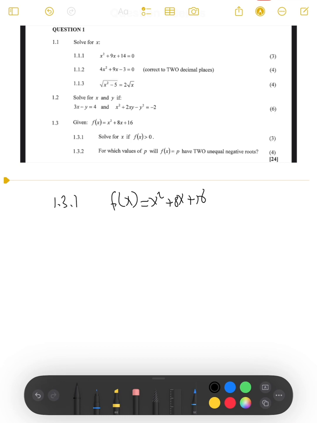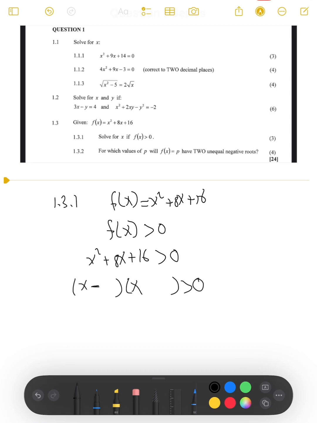Now we have f of x equals x squared plus 8x plus 16, of which when they say solve for x if f of x is greater than 0, look at this as an inequality. Let it not confuse you. So basically we have f of x greater than 0, and then we substitute, we get x squared plus 8x plus 16 greater than 0. From that we factorize this, we get (x plus 4)(x plus 4).